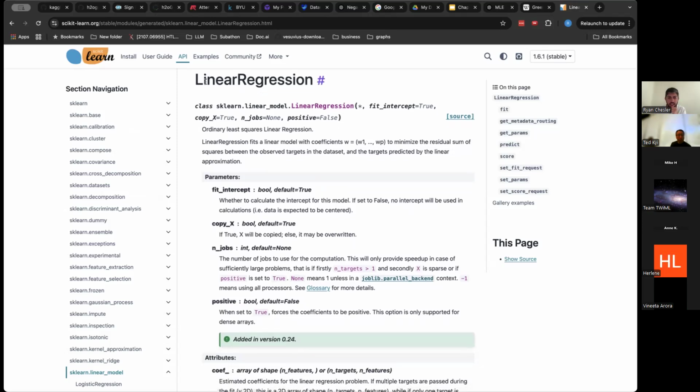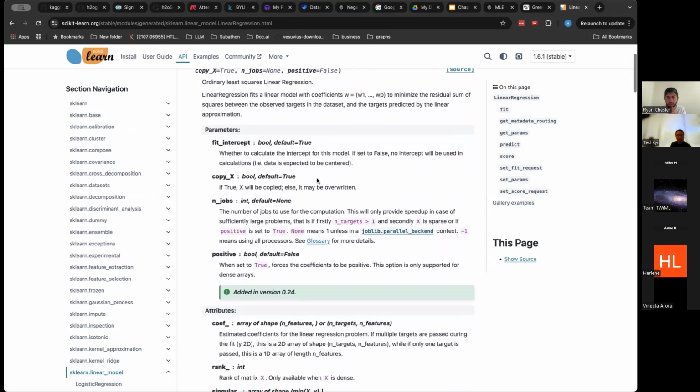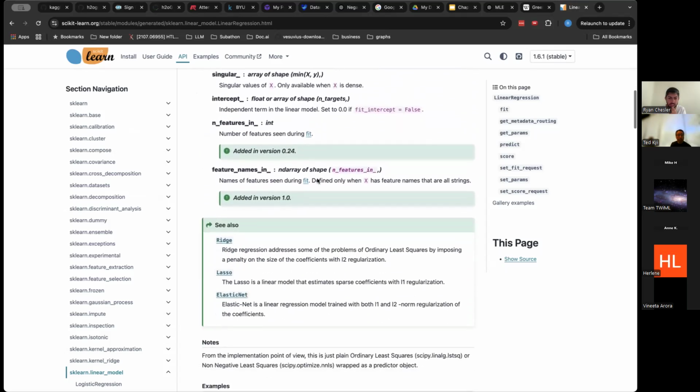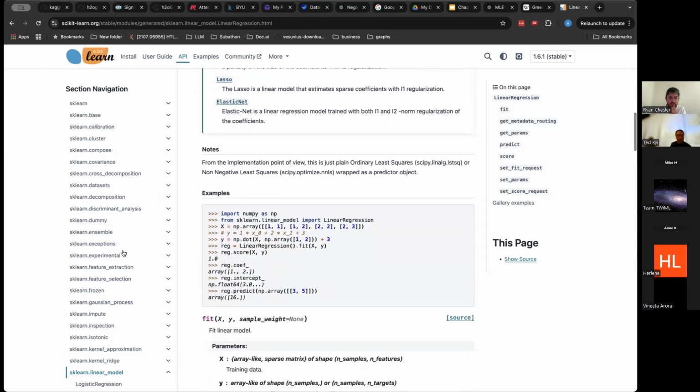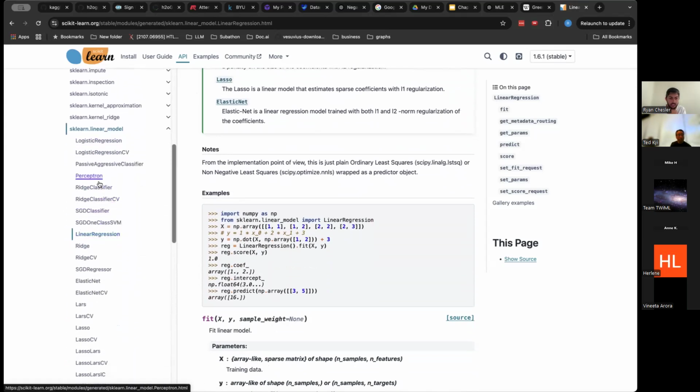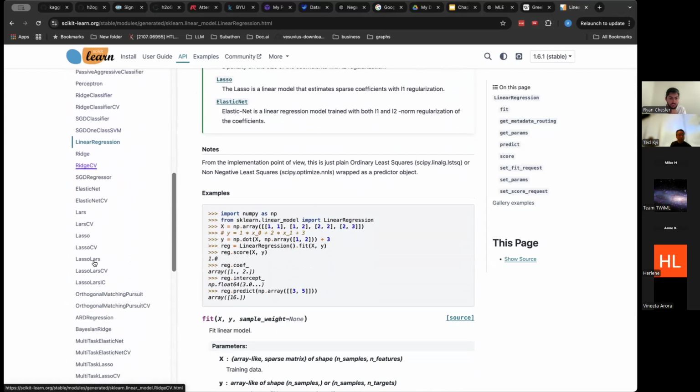They have the base linear regression. This is what we've been talking about. This is no regularization, no priors or anything. It's just do linear regression. And they have all of these other flavors along in here. One thing to mention is this linear regression is doing that closed form solving that we were talking about.